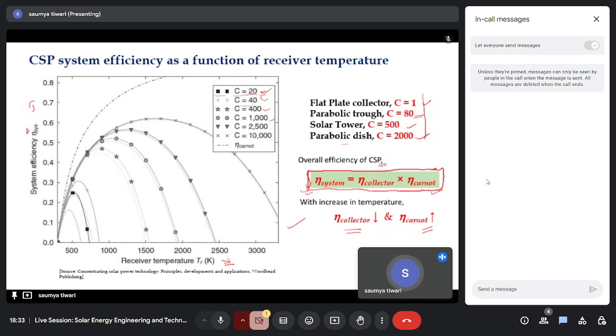With increasing temperature, the collector temperature will rise, so more heat losses will be there to the surrounding, so this efficiency decreases. And as the temperature at the outlet increases, your Carnot efficiency increases. That is the effect of temperature on these two efficiencies, and you need to remember this. You also need to have awareness of the concentration ratio of these four typical concentrating devices, and what temperature they can reach.